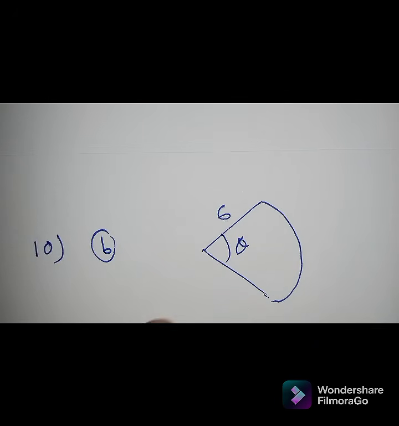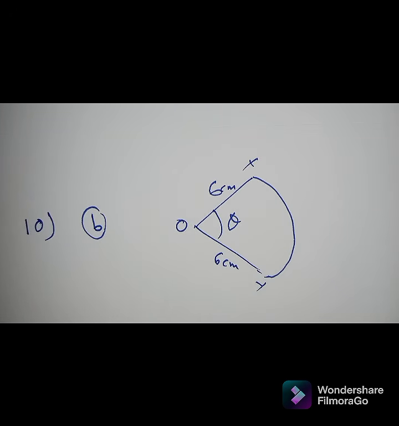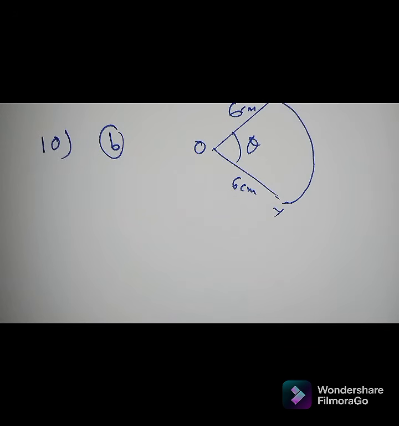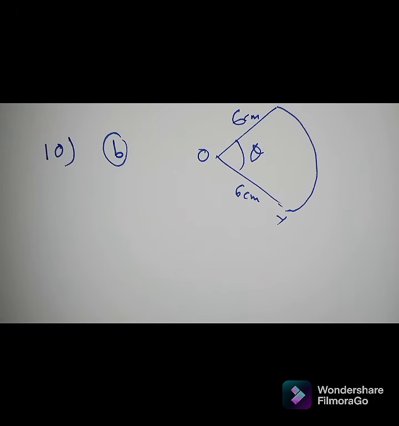Here we know it's 6 centimeters. We have x. This is also 6 centimeters. We have y and O. So they want us to calculate the value of theta given area is equal to 33. So the formula for finding the area of a sector, this is the formula here.